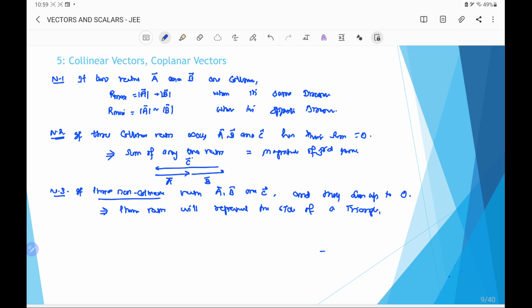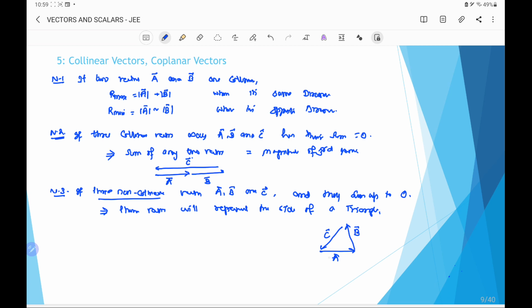That means if one vector is A, another vector is B, then the third vector will form C. Then in this case, the resultant is 0. Detail will be discussed when we talk about the addition of vectors.